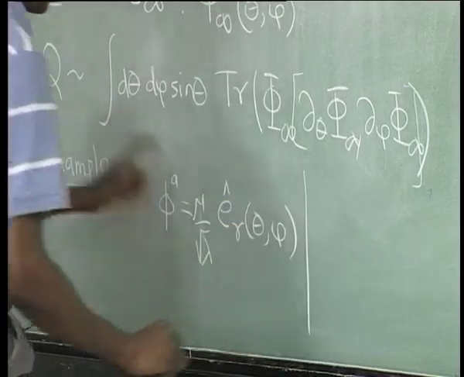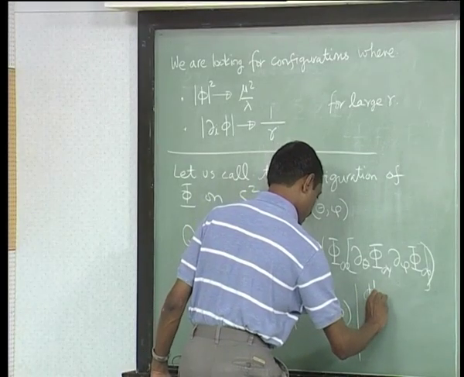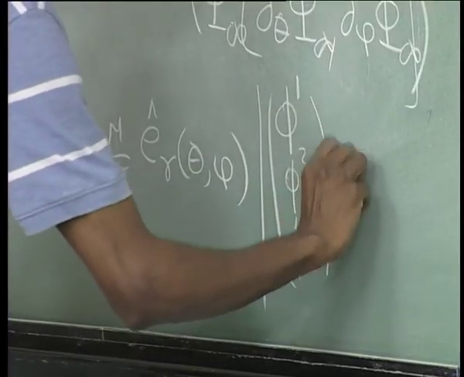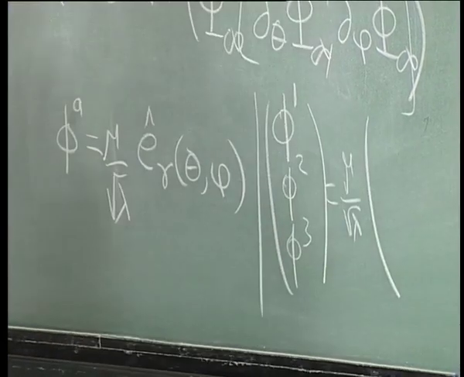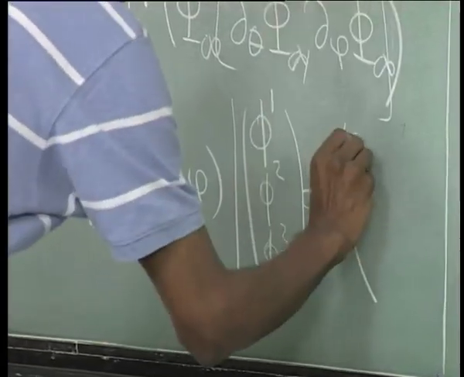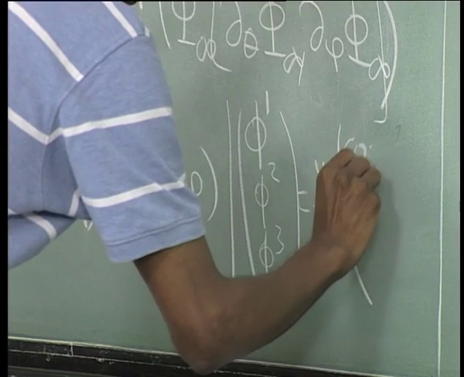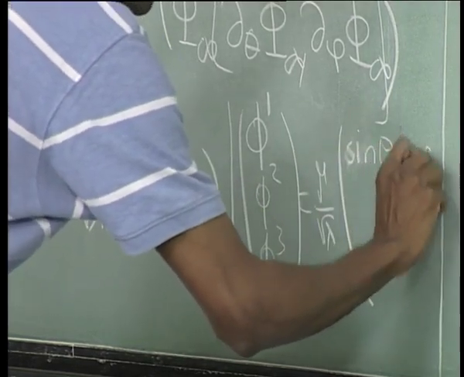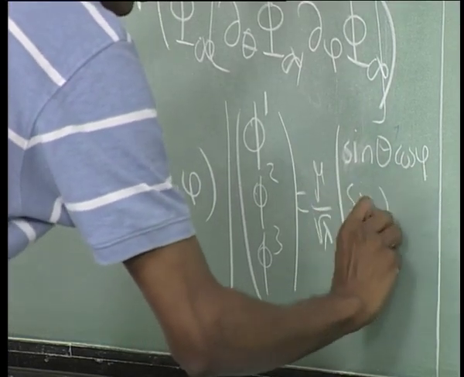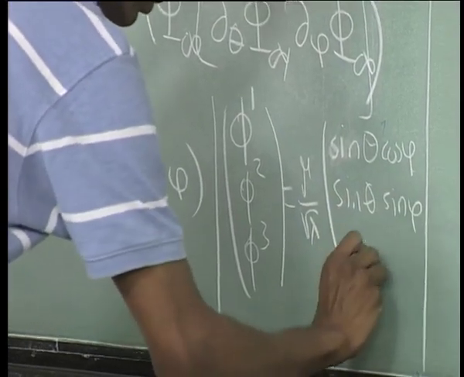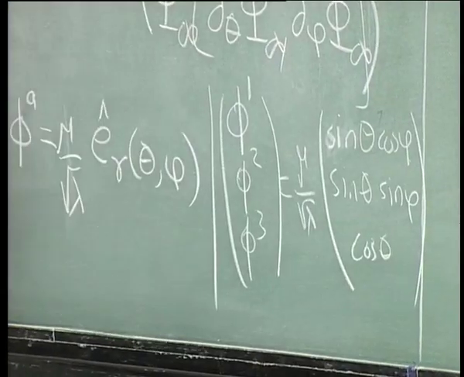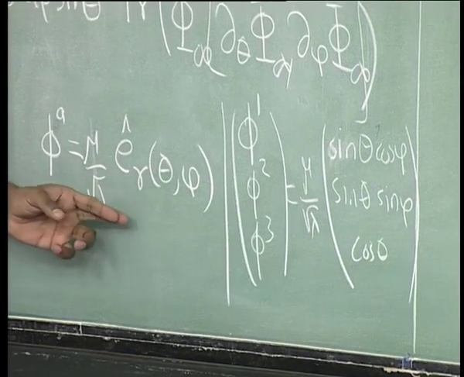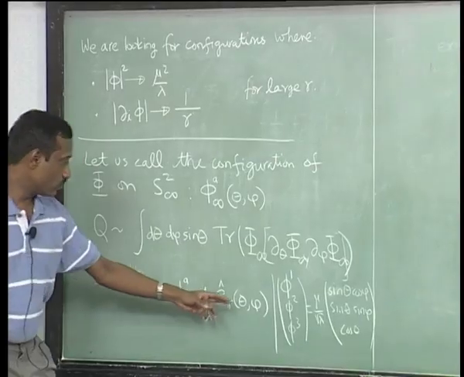Or if you feel uncomfortable with this, I can just say that phi 1, phi 2, phi 3 is equal to mu by root lambda times sin theta cos phi, sin theta sin phi and cos theta. You will see why it is better to write it in this fashion.